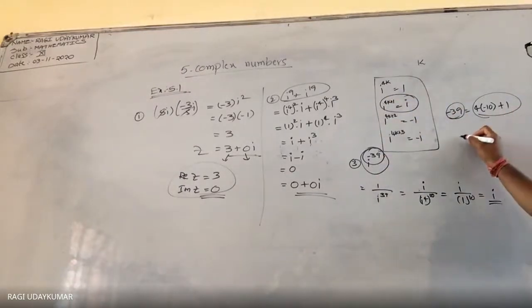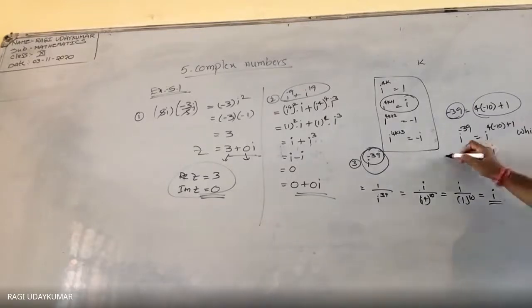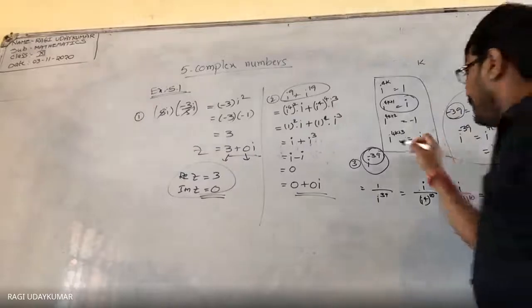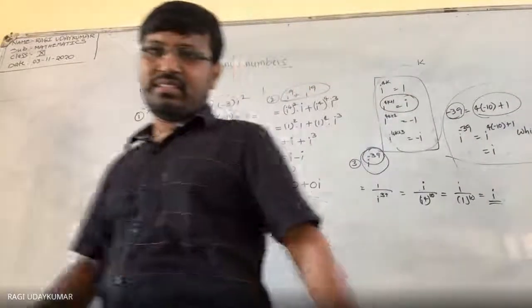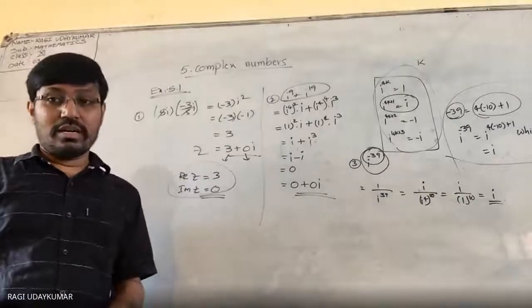So that is nothing but I to the power of minus 39 can be written as I to the power of 4 into minus 10 plus 1, which is in the form of 4k plus 1. Therefore, which is equals to I. अब ये डायरेक्टली ये याद रखके करना है. वो करने के लिए just you have to remember that.